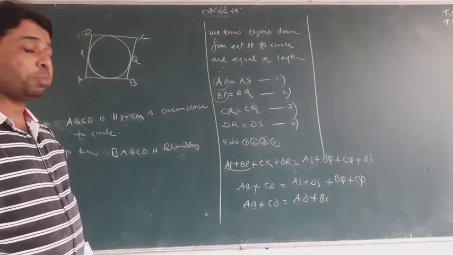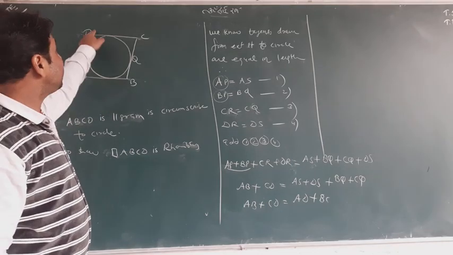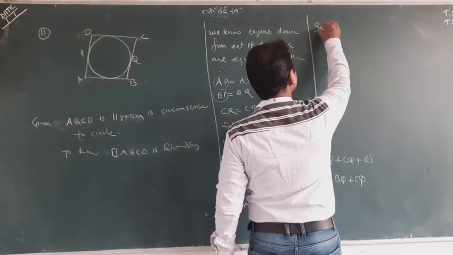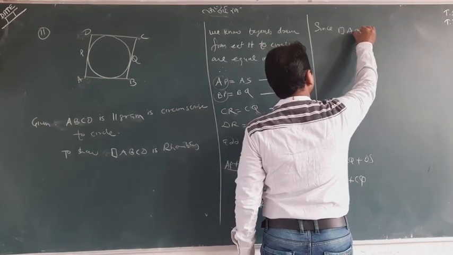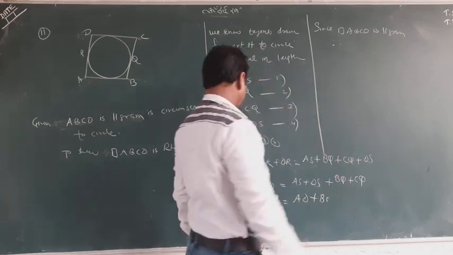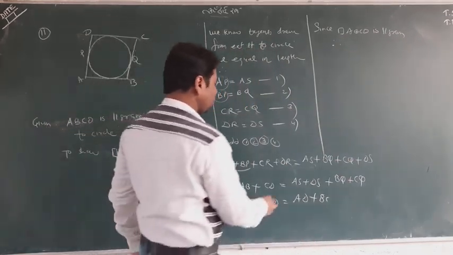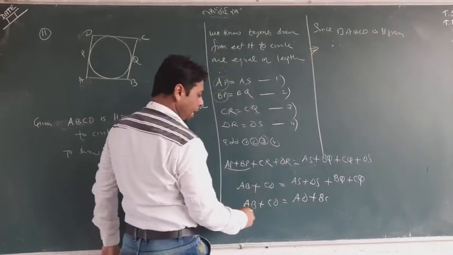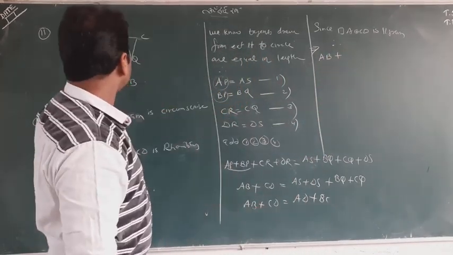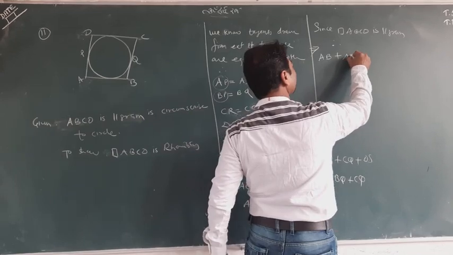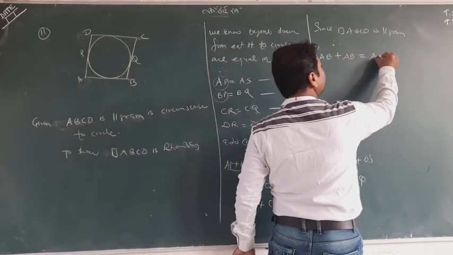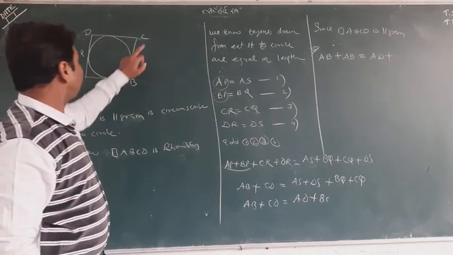So I just want to say that AB and CD are equal. Why? Because it is a parallelogram. I write here, since ABCD is a parallelogram, AB equal to CD. So I would write AB plus, instead of CD I will write AB, equal to AD plus, and instead of BC I will write AD.